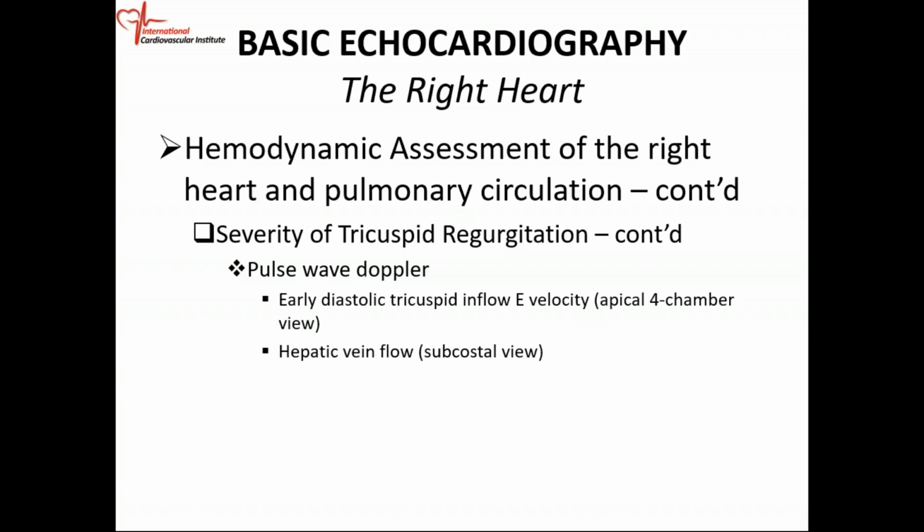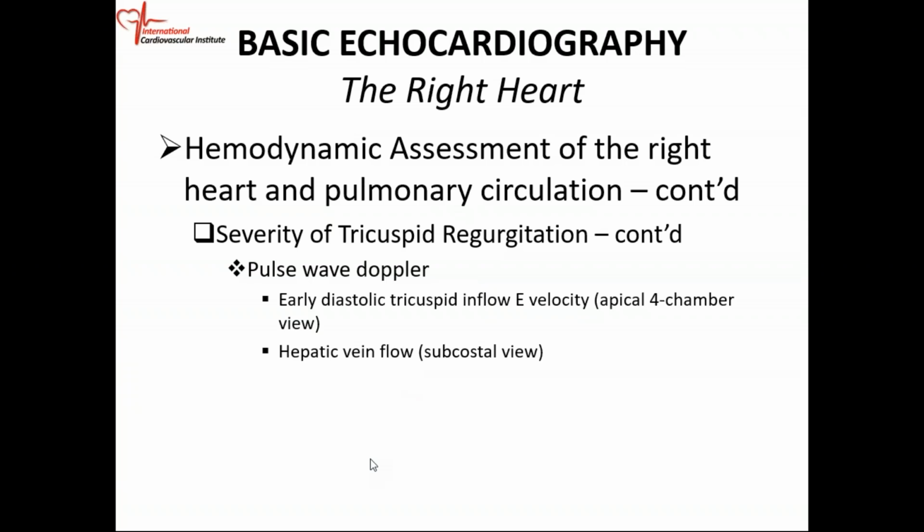Don't tell me that the patient has severe TR without assessing the hepatic vein flow. With severe TR, you're supposed to get systolic flow reversal, just like in the mitral case, where you get systolic flow reversal in the pulmonary vein flow. So you have to make the statement convincing, because remember, this is not just an exercise in futility.